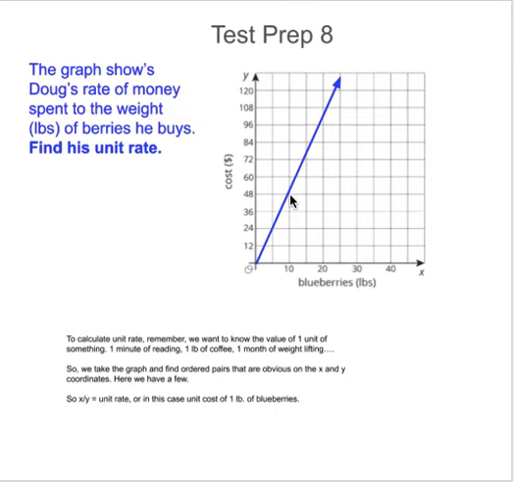I can take either of those and divide: 48 by 10, or $24 by 5 pounds. Either way, that unit rate is going to be $4.80 per pound. You could plug in any of these other x and y coordinates. So to find unit rate on a graph, you find the value of y and divide it by x. So divide y by x.